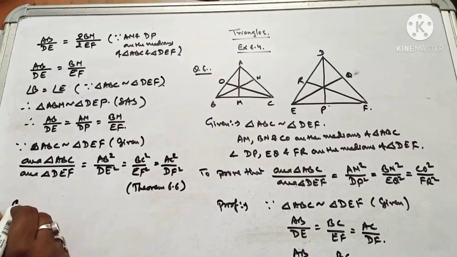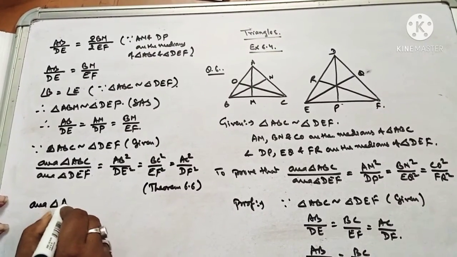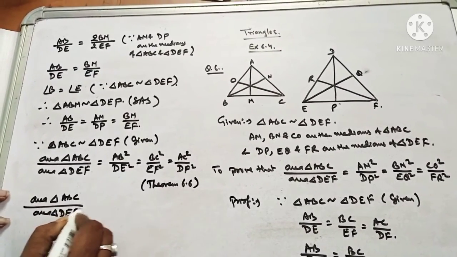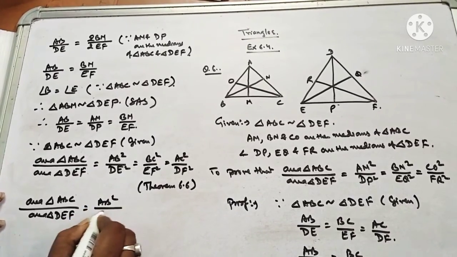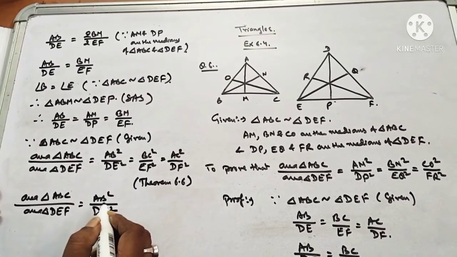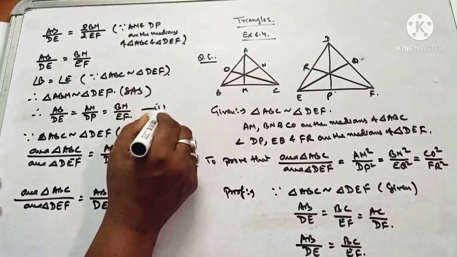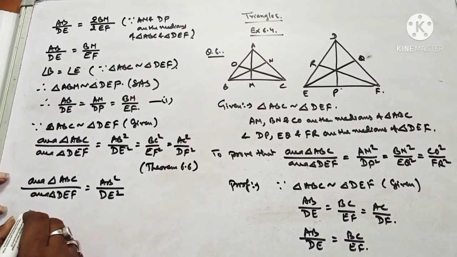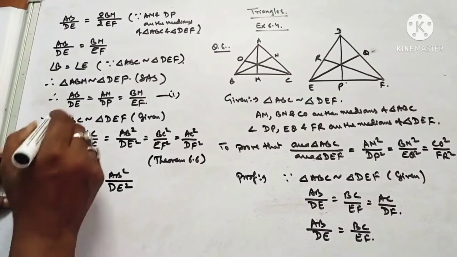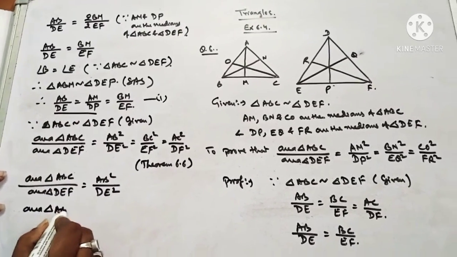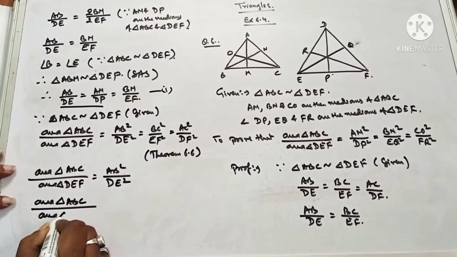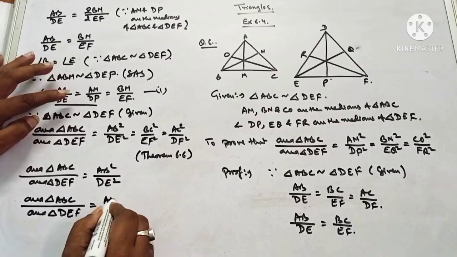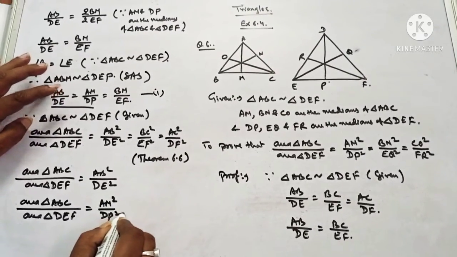Now I am going to take area triangle ABC by area triangle DEF is equal to AB square by DE square. From equation 1, AB by DE is equal to AM by DP. Therefore, instead of AB by DE, I can write AM square by DP square.